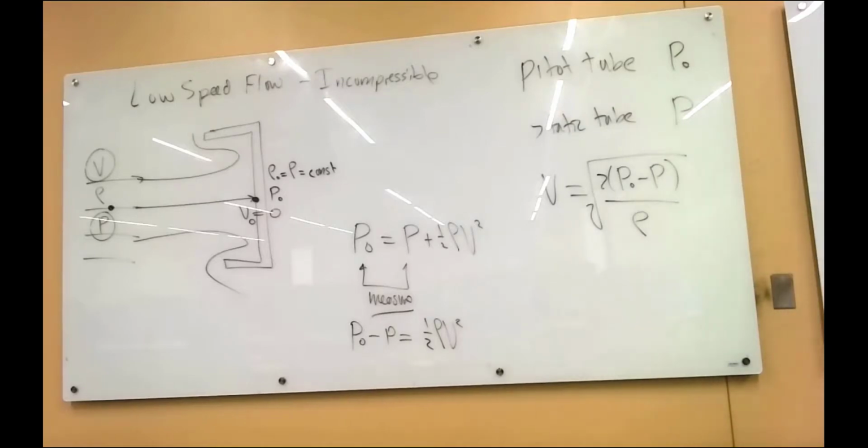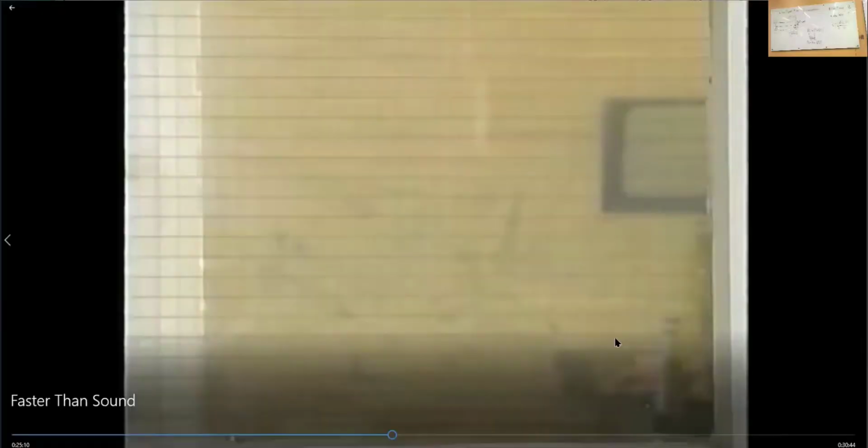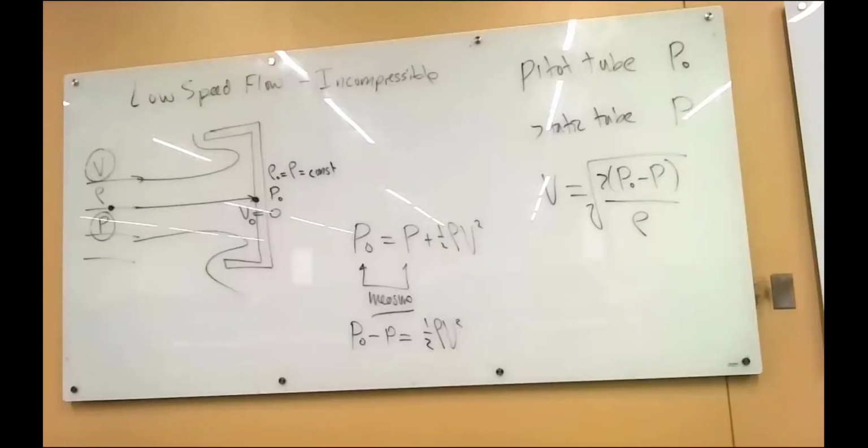So one of these Pitot static tubes looks like this, and this is a picture in your book. Got the wrong screen there.